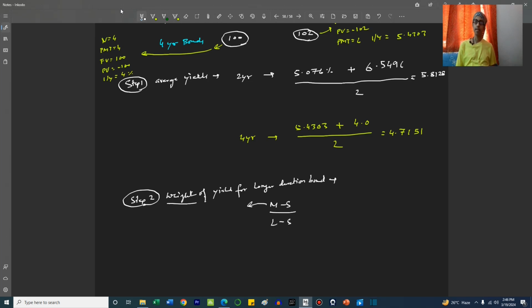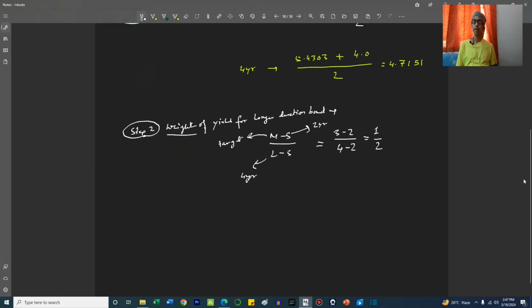M is the target, that is our 3-year bond. S is the 2-year bond. L is the 4-year bond. So this weight becomes (3 minus 2) by (4 minus 2), which is equal to half.